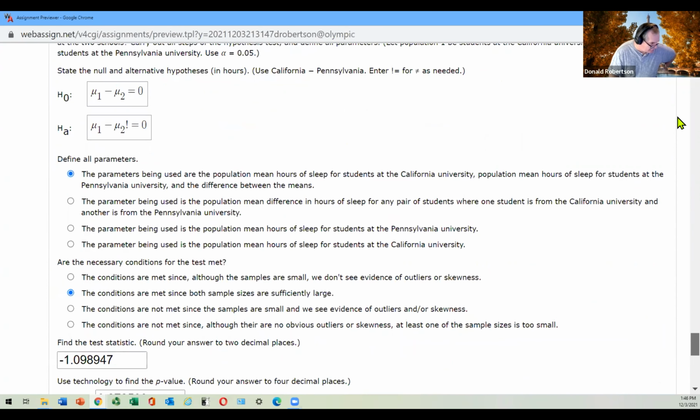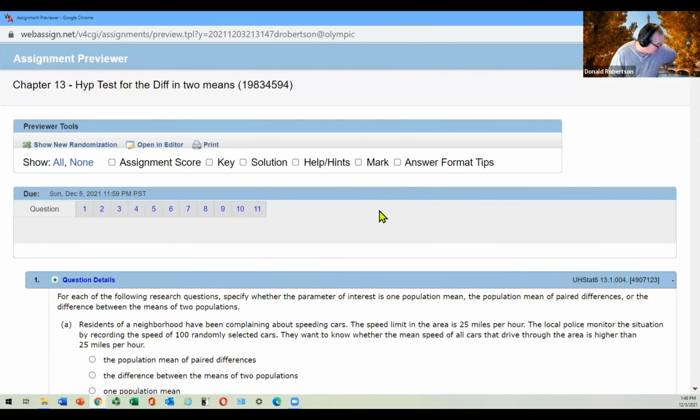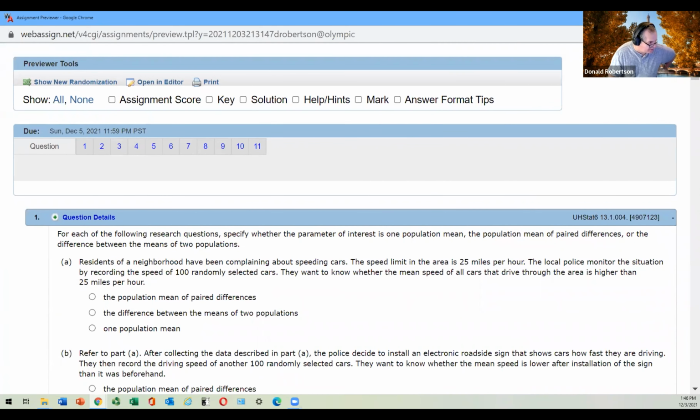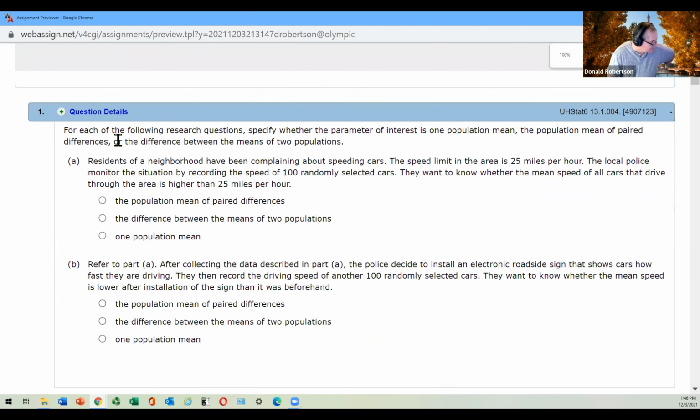So let's go back to the stuff I skipped at the beginning and see what's going on here. For each of the following research questions, specify whether the parameter of interest is one population mean, the population mean of a paired difference, which we don't know about because we're not doing that, or the difference between two. So residents of a neighborhood have been complaining about speeding cars.